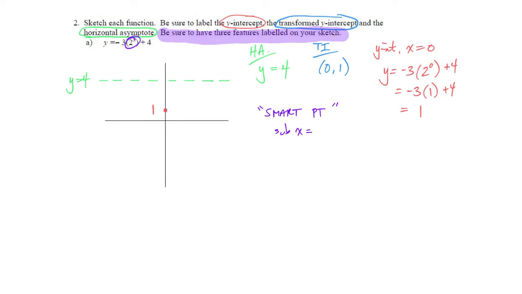So let's consider again, right from the very beginning, what our curve looked like. My base curve was a 2 to the x. I reflected it across the x-axis, stretched it, and now shift it. Notice I have a decreasing curve.